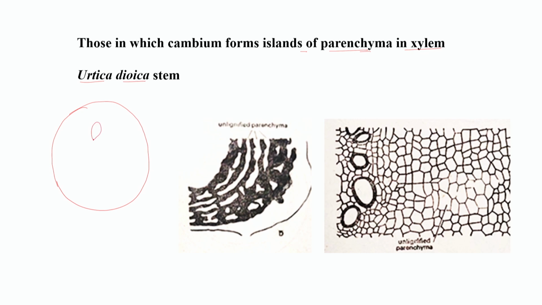They are forming tissues. The cambium is forming a ring, and they are forming tissue. Suppose this is the cambium. Okay. It is giving xylem.